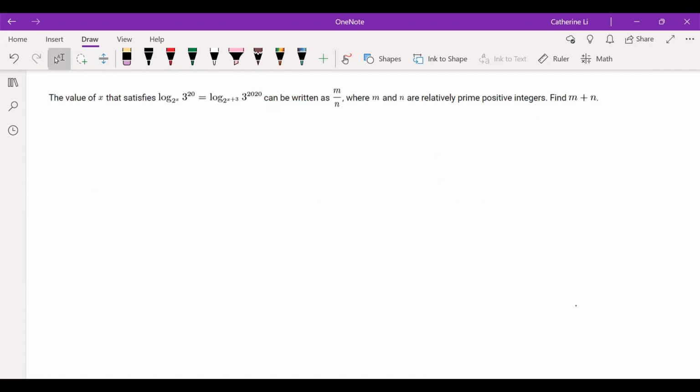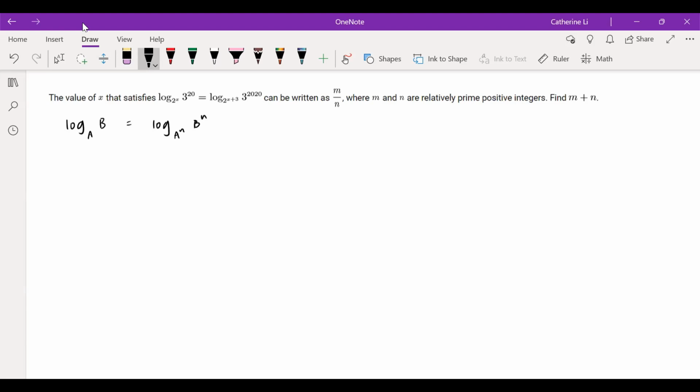So here, one property that is useful is log base a of b is always going to be equal to log base a to the n of b to the n. And this comes directly from the rules that we just went over.